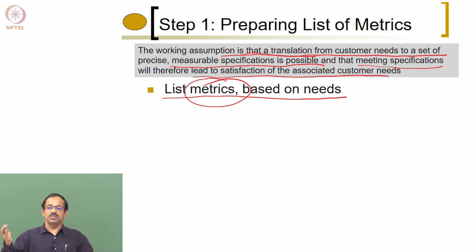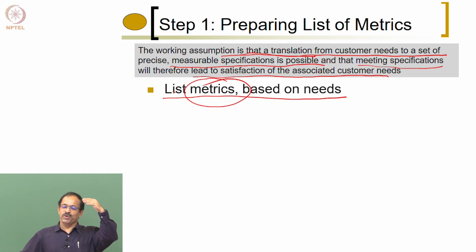Okay, so these are the things which we need to understand. How do we actually convert such needs into metrics? Because it should be measurable also. We should be able to quantify it. You can say the thickness of the cushion or the amount of compression it can take, amount of load it can take. Whatever way you want, you should be able to quantify. So this is basically what we call the list of metrics.